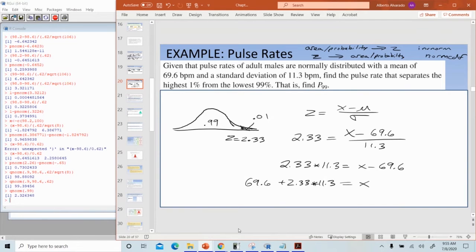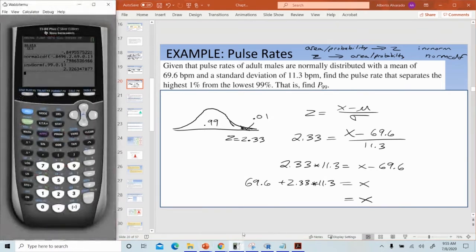So there, that would give you my answer for the pulse rate. So 69.6 plus 2.33 times 11.3 is 95.929.